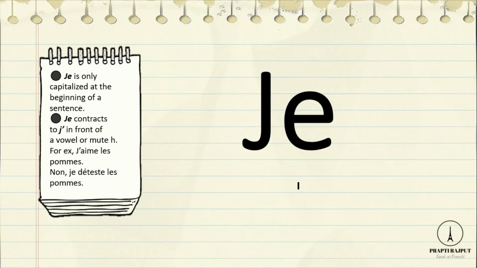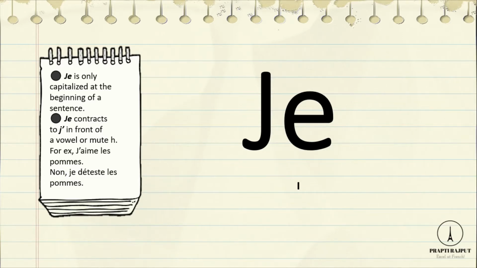Let's start with the French subject pronouns, les pronoms sujets. Je is the first on our list. It means I. Now here are two things to note. Je is only capitalized if it's present at the beginning of a sentence.